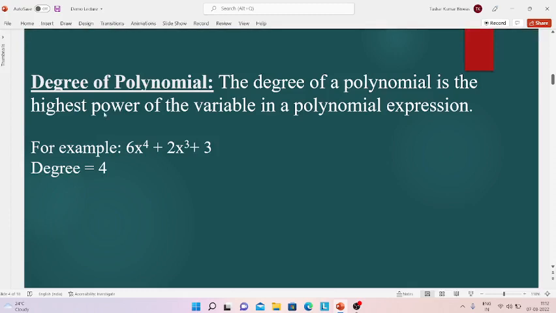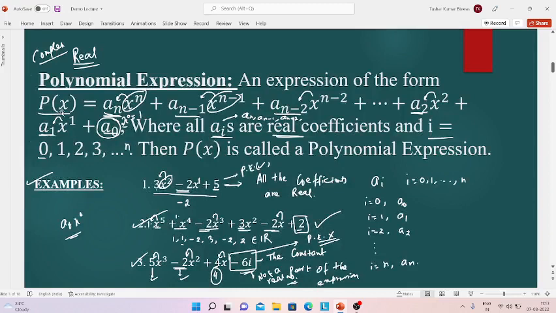Since we have understood what a real polynomial expression is, now we will discuss the degree of a polynomial. The definition says the degree of a polynomial is the highest power of the variable in a polynomial expression. First of all, you can see here that the polynomial is denoted as p(x), right?